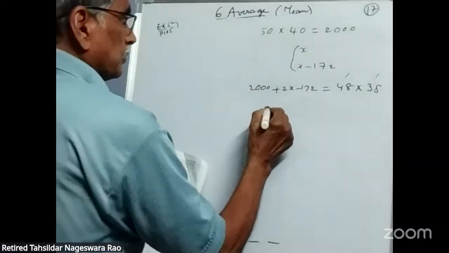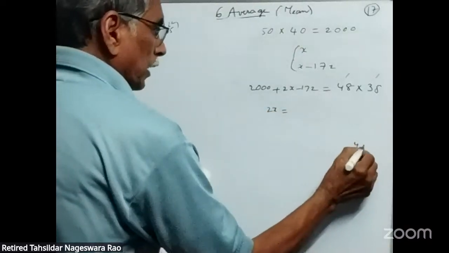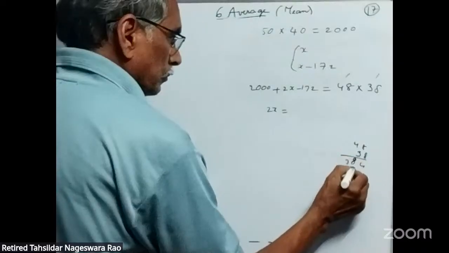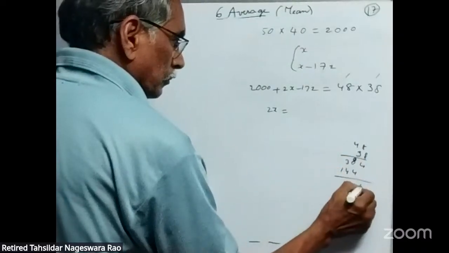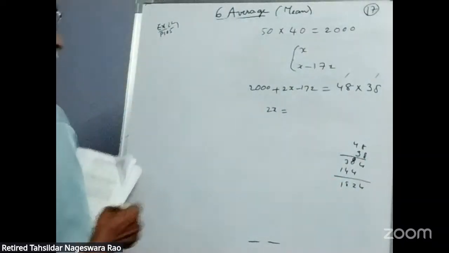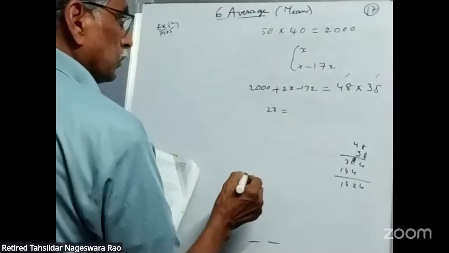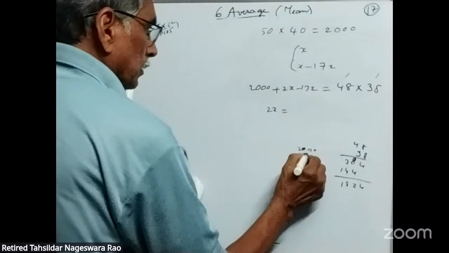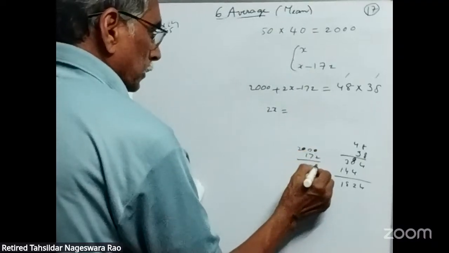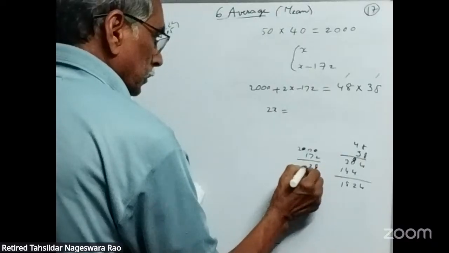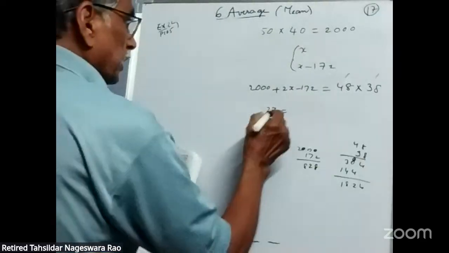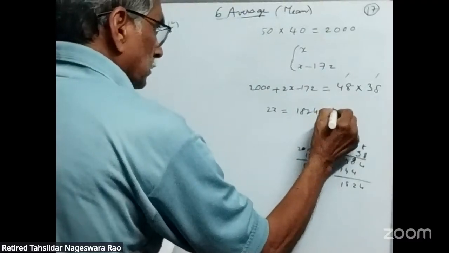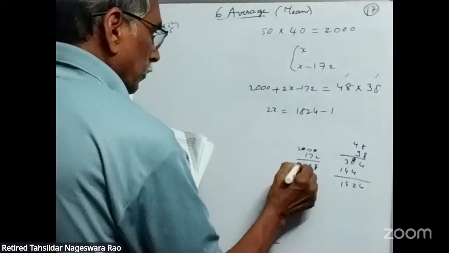This step is done, there is still the 2x. 48 into 38 is 1824. Take this to the other side, subtract it. Take it to the other side, minus 1828.